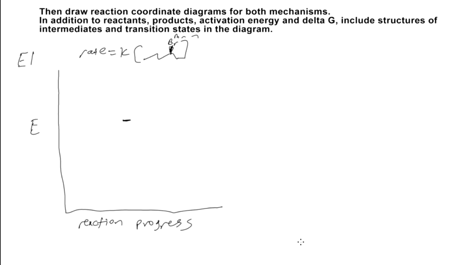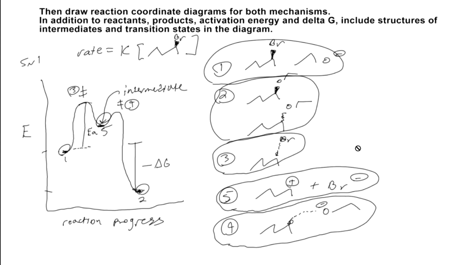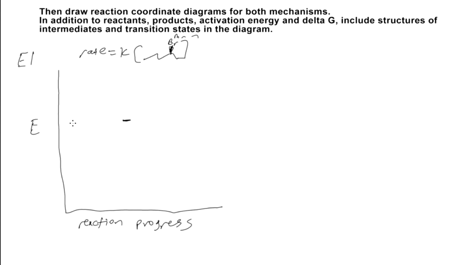But something interesting about the E1 mechanism is that it's a little bit different as far as energy goes than our SN1 mechanism. While in our SN1 mechanism we drew the products lower in energy than the reactants, it's actually the reverse in an E1 mechanism because we're doing bond forming.